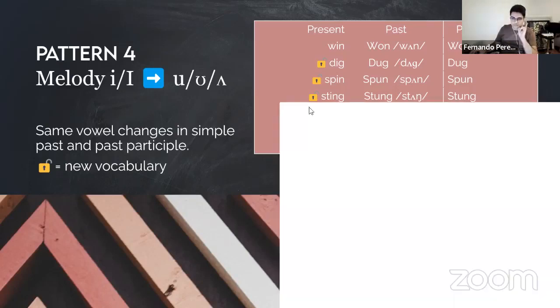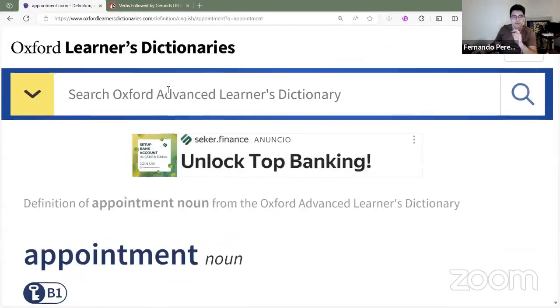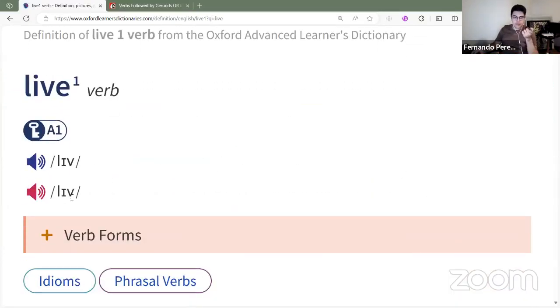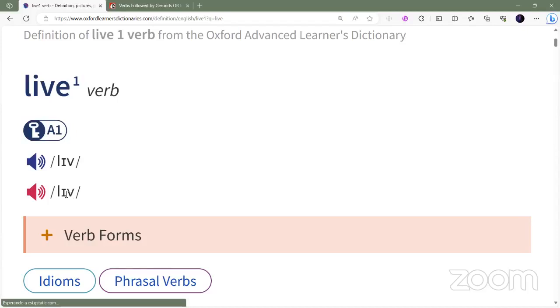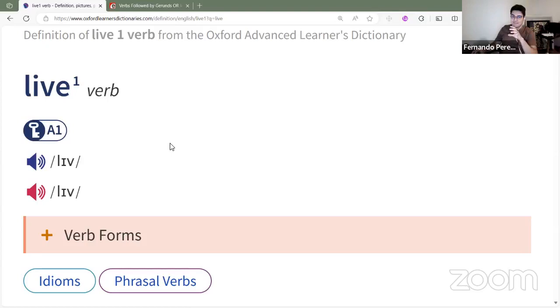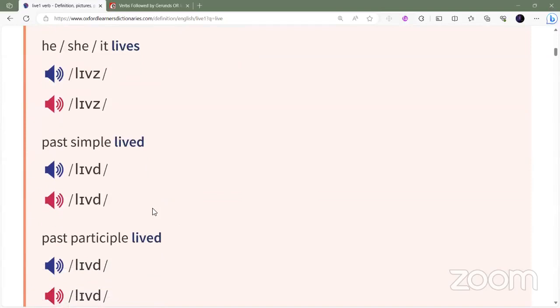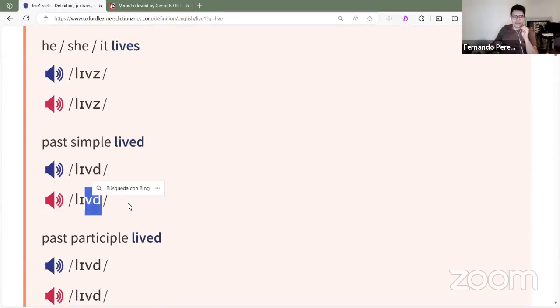Correction number 1. Pronunciation. Live. Exactly. Not live. Live is like Facebook Live. The verb is live. In past, lived.